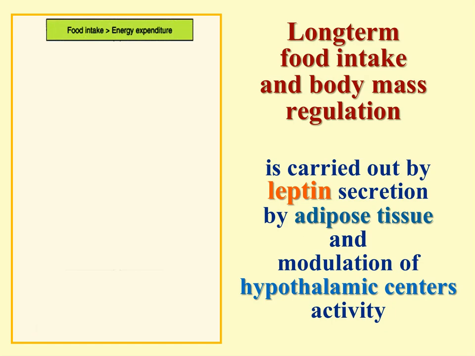So let's start from the moment when, for example, food intake exceeds the energy expenditure. For a healthy person, it can happen sometimes. For example, in the period of great holidays when we have less activity and we have many meals, it may happen temporarily that food intake is higher than energy expenditure.